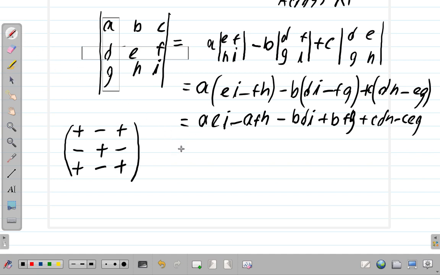All right. So if you go across R2, we see that D is being covered. D is associated with minus, so we say negative D, and the determinant is the uncovered elements BCHI.